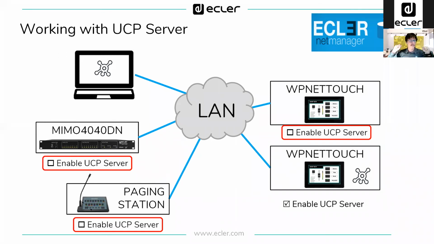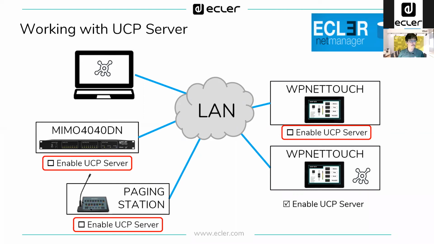So it will not work because they will be 2 different projects, 2 different systems in one network. So please just decide which one is your UCP server and disable other UCP server options. So you will not get confused and you will never send a project to a UCP server which is not the one that you have decided.